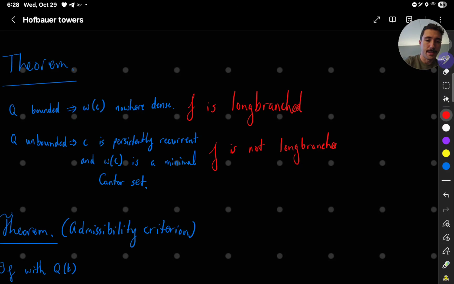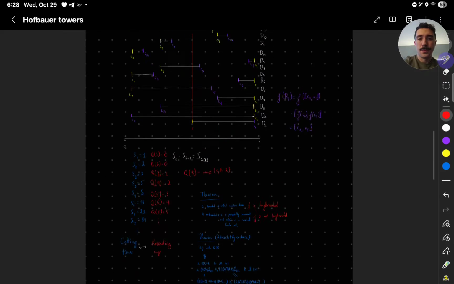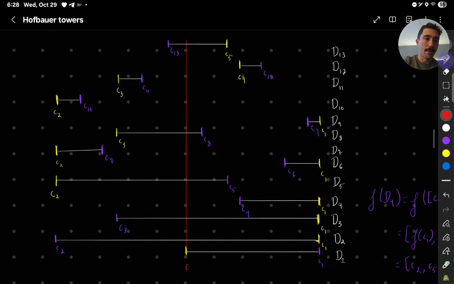And what being long branched means is look at the width of the intervals in the Hofbauer tower as you go up each level. When you don't have cutting times, the intervals get narrower in general. In the long run, if you don't have a cutting time for a very long time, the intervals get short.